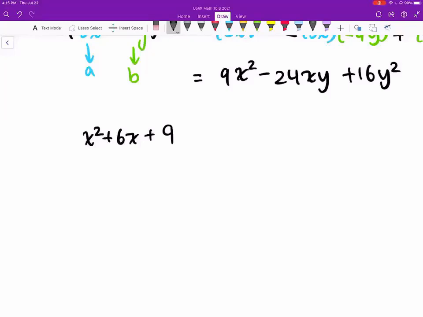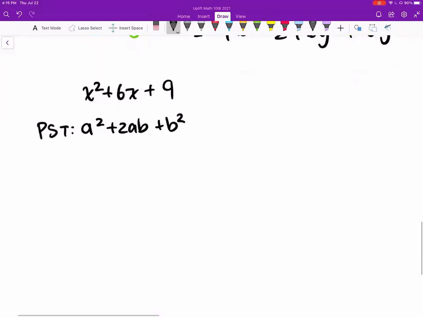Remember that in a perfect square trinomial, the a term and the b term in the binomial are squared. So here we can tell that a will be x, because x squared is the a squared term. So we can start writing out the binomial. a will be x.